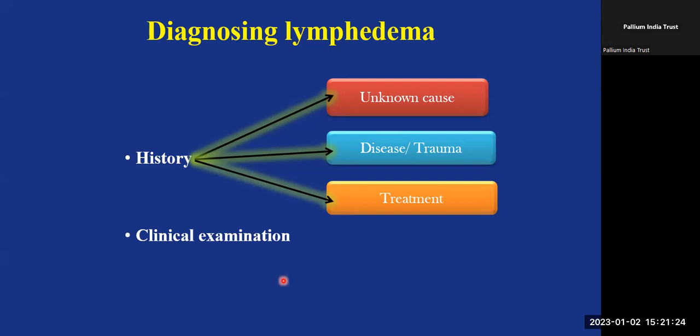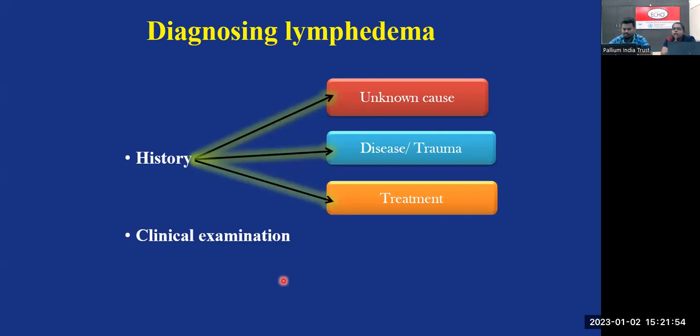Lower leg edema and facial edema, and sometimes upper arm edema, are also there. So if the patient has edema, you should take a proper history: whether there is an unknown cause, whether it is disease related or trauma related, or whether it is treatment related. Then you will get a good idea about why the patient is getting edema.